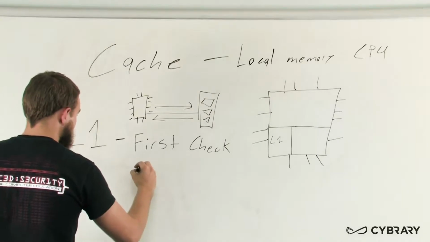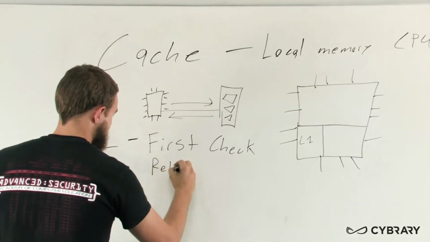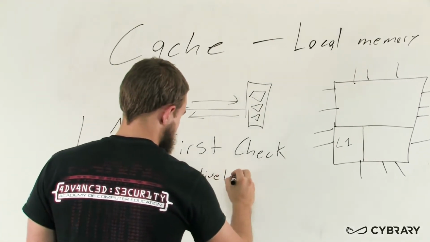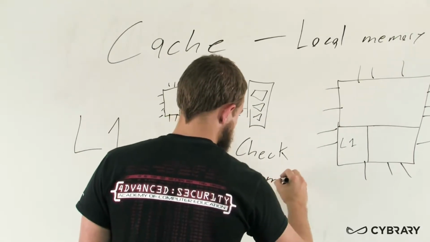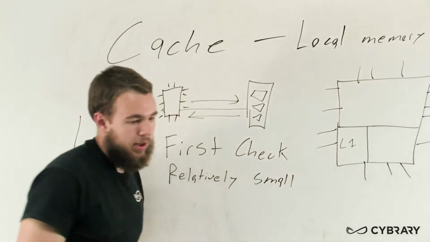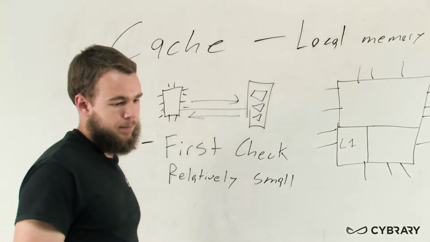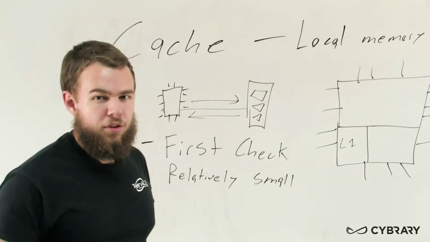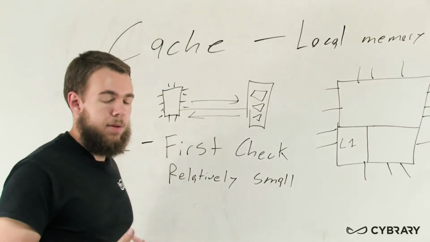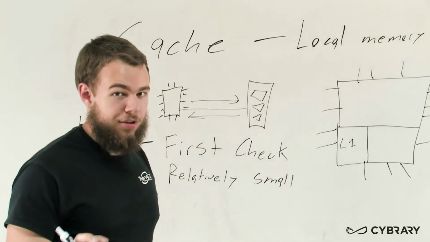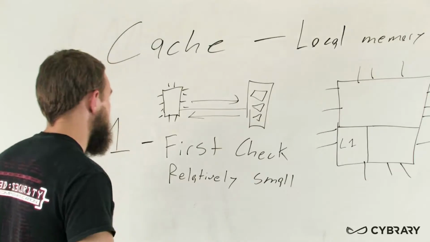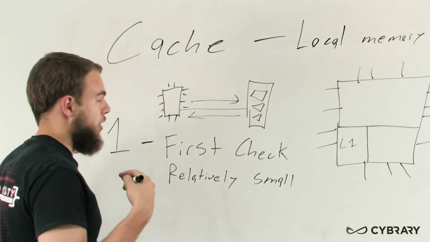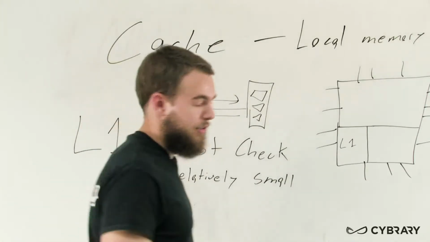So remember, our L1 is the first place we check, but it's relatively small. And by relatively small, we mean a few kilobytes, maybe almost up to 100 kilobytes, but not very big, not like 1 gig or 2 gig when we think of our RAM. Now, the second place that our CPU is going to check for memory is our L2 cache.